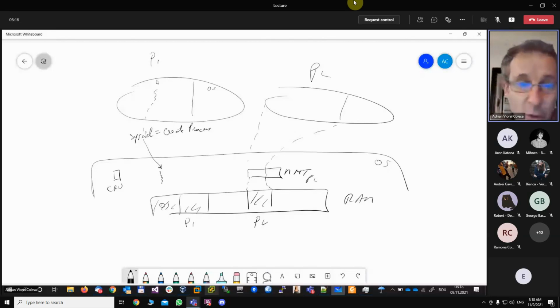And now the OS is running in the context of P1. So the CPU is using the memory mapping tables of P1. And you have to make some preparations inside process P2, the child in our example.